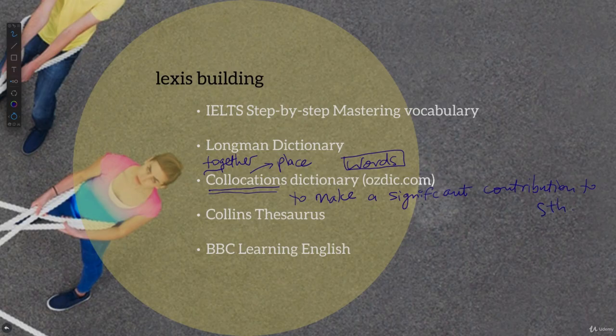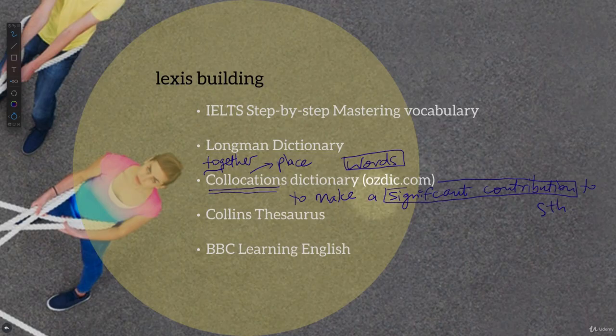Most collocations are only 2 words, so let's focus on these 2 initially. So a significant contribution. That's a collocate. So what is a strong collocate of significant? Well, it's contribution. What's a strong collocate of contribution? It's the word significant.